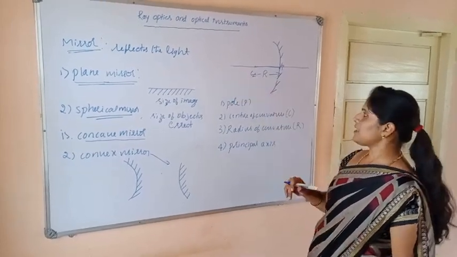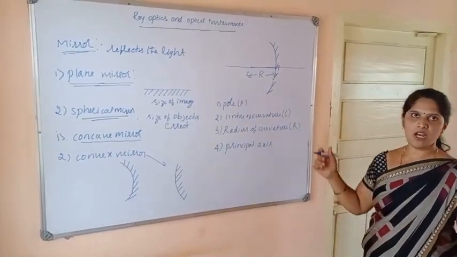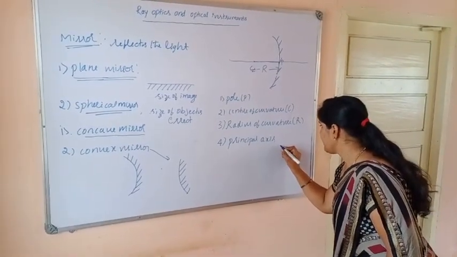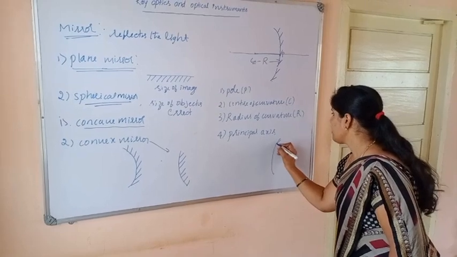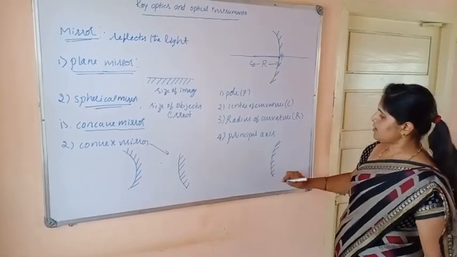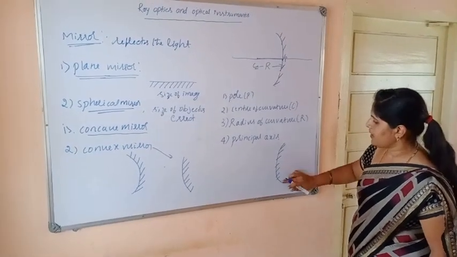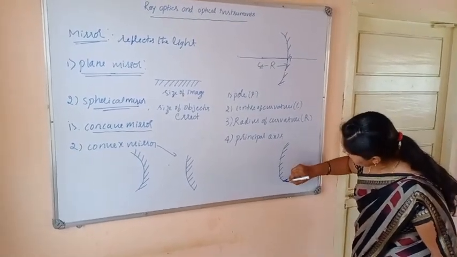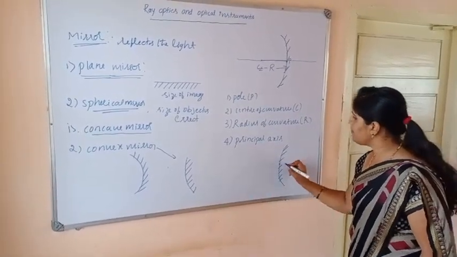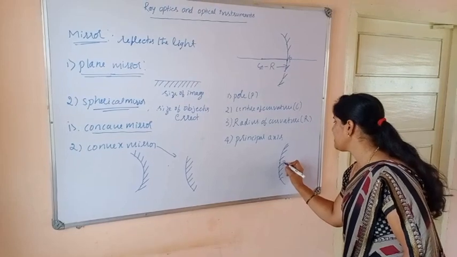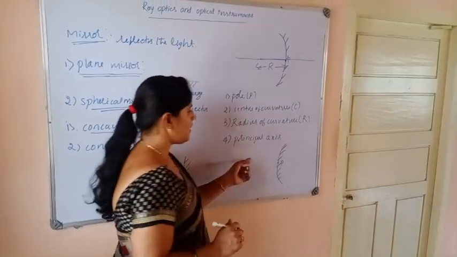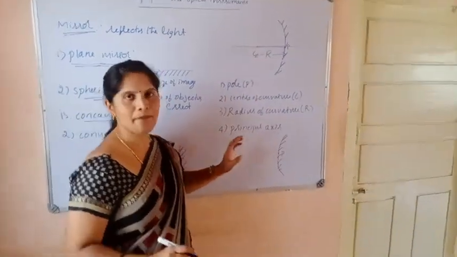Next, the same terms also apply to the convex mirror. For example, let us draw a convex mirror like this. Its inner surface is reflecting, and this is the outer surface. The geometrical midpoint is known as the pole.